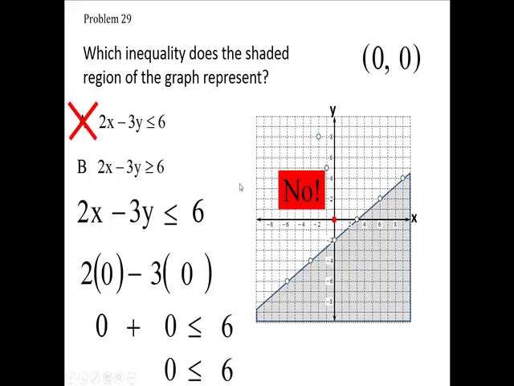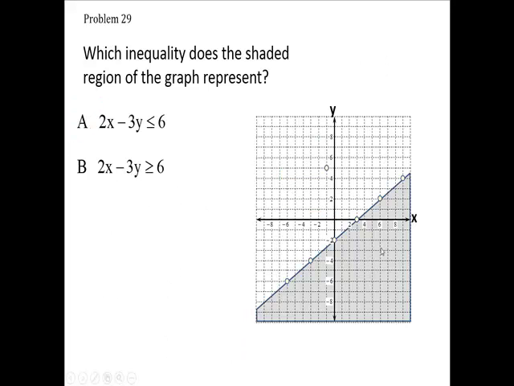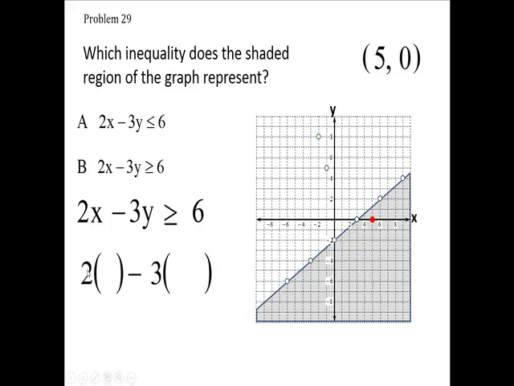The only thing left to do is to pick a point down here and test it in the second inequality. So let's pick an easy point, not the origin this time. Pick 5, 0 and test it to see if it works on answer B, because I already know A is out. Okay, so here we go. 5, 0. 2 times 5 minus 3 times 0.